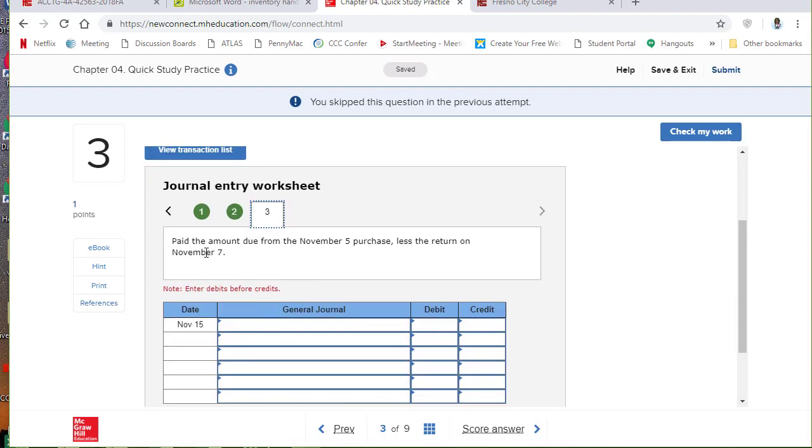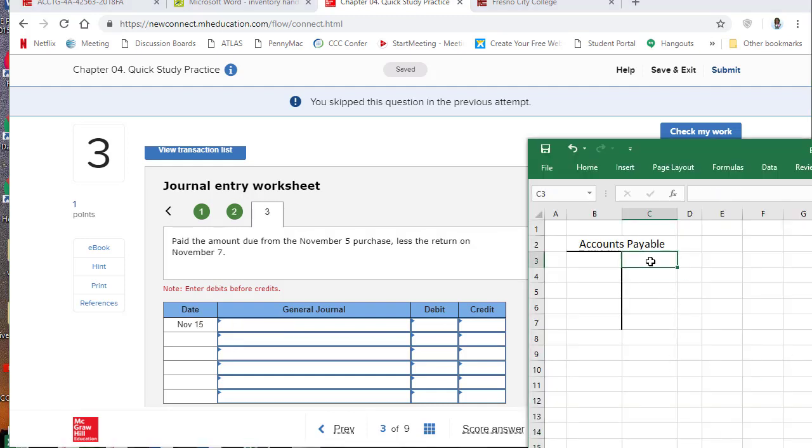And then it says pay the amount due from the November 5th purchase less the return on November 7th. So since we bought 900 and we returned 35 of them, we want to figure out how many we still owe. An easier way to do this is to do a T account.